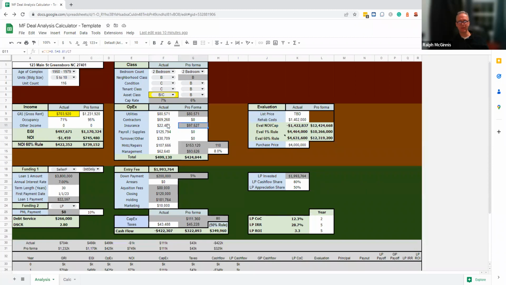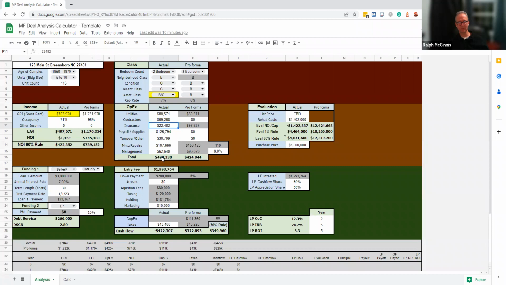So if these two numbers are way off, you might want to adjust this, but you want to keep in mind too that they could be insuring it for a much lower evaluation than what you expect it to evaluate for later. So you would expect insurance to go up from the current insurance level, whereas you might, once you fix the property up and you change your management, your overall OpEx might go down.